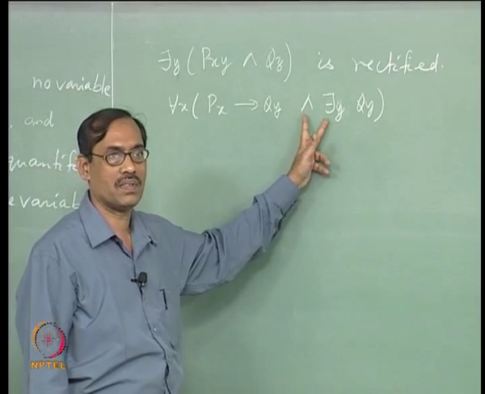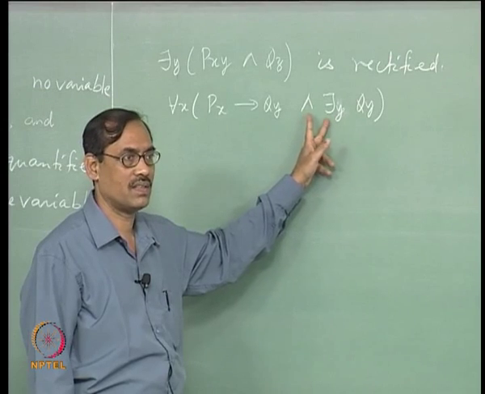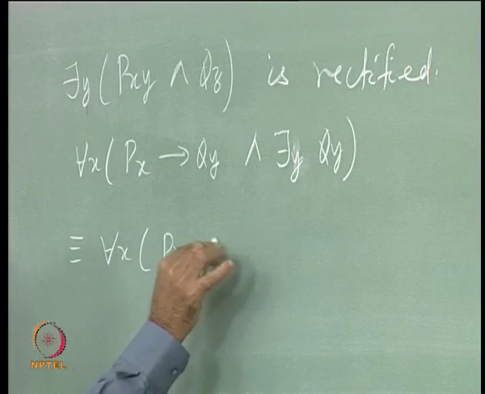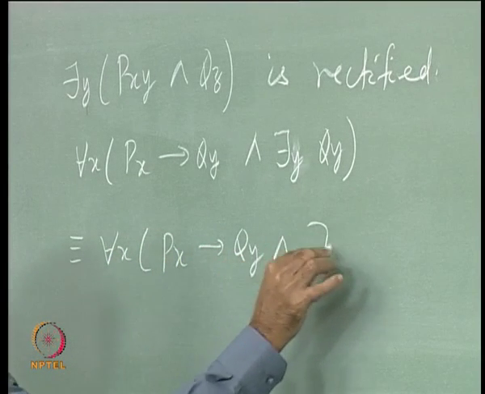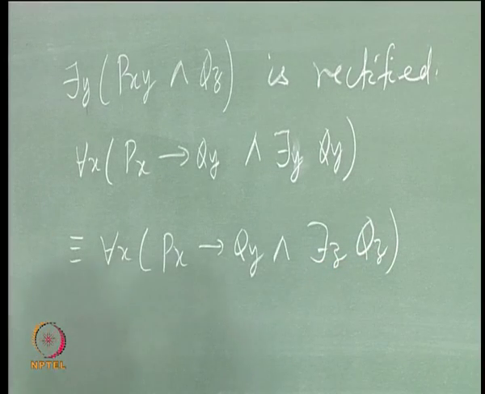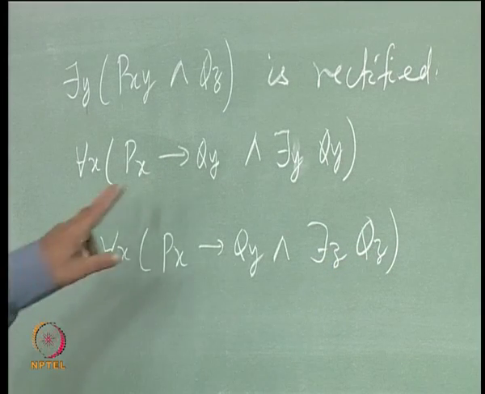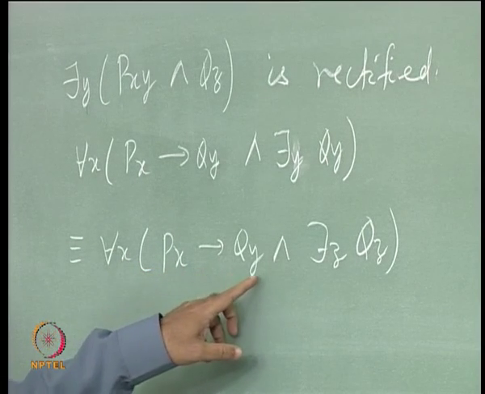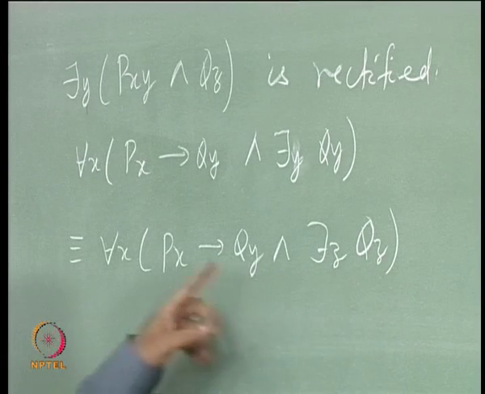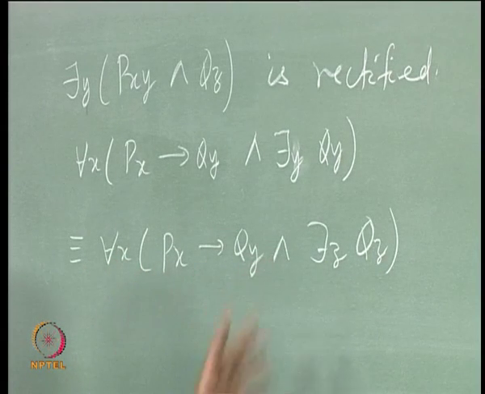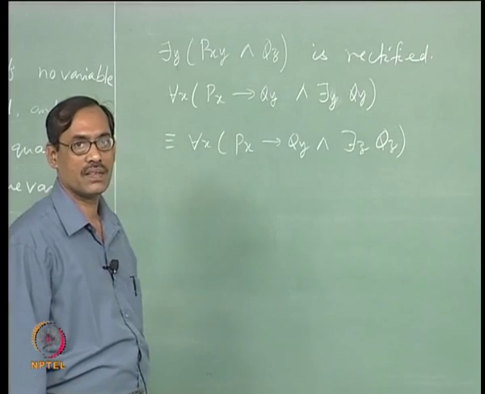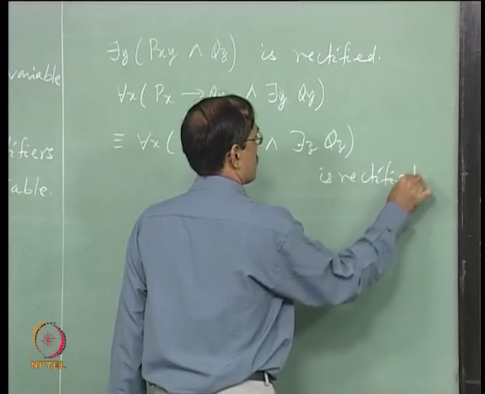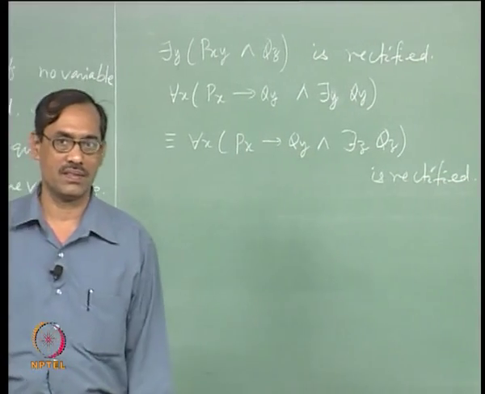Free variables cannot be renamed, it will not preserve equivalence, right. So, we write that as for each x, p x implies q y and there is z q z. So, there are three variables occurring here. X is bound, y is free, z is also bound, and there are two occurrences of the quantifiers, they use different variables. So, this is rectified, right. So, rectification is a simple process.